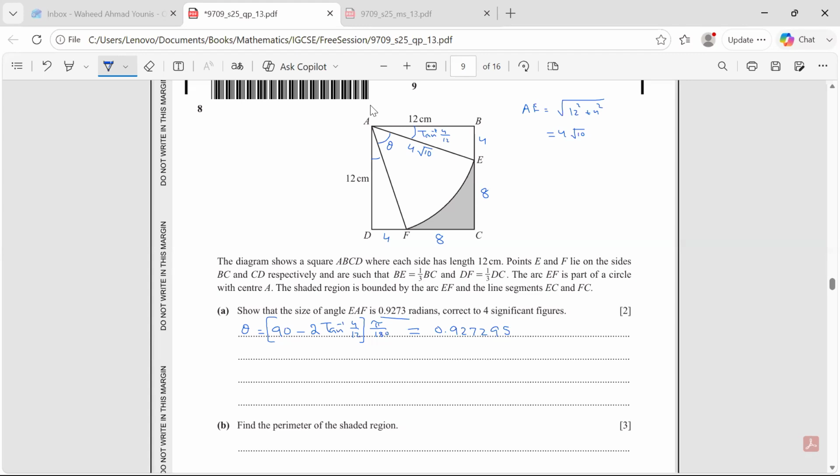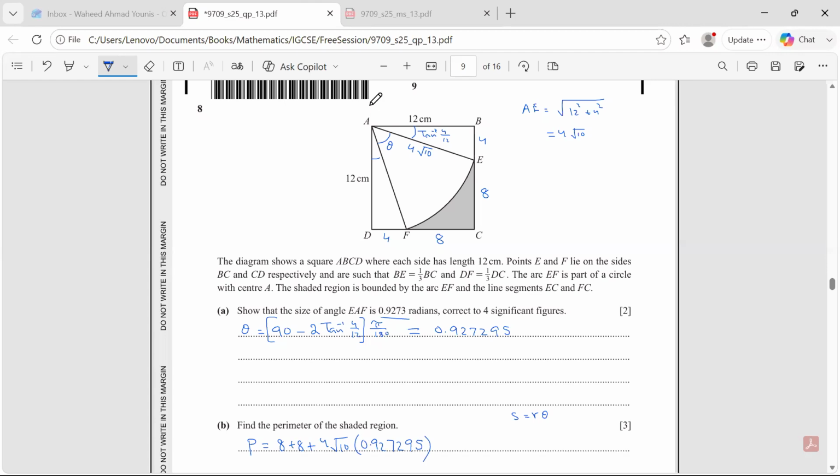So the perimeter is going to be 8 plus 8, plus how much is this arc length? Remember, we have this formula S equal to R theta, right? So R is 4 under the root 10, into theta, which we found as 0.927295.